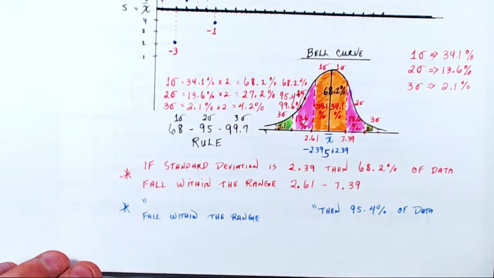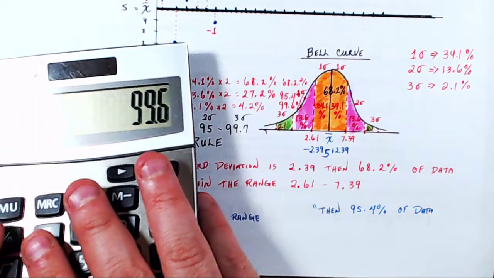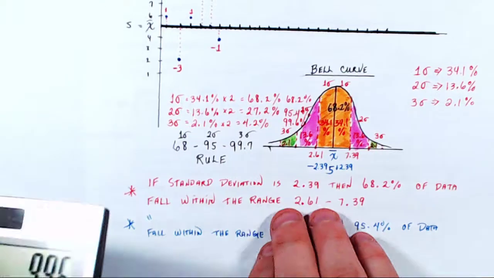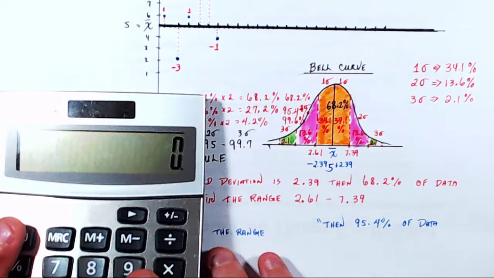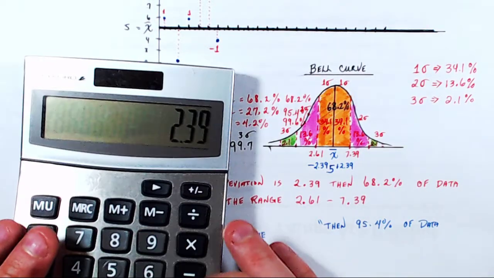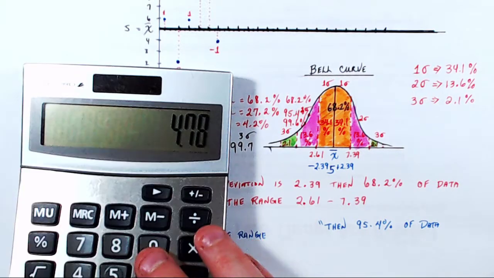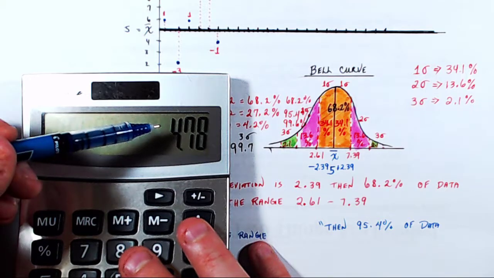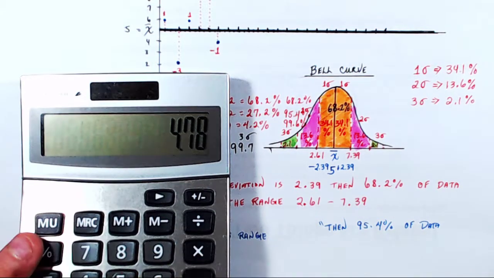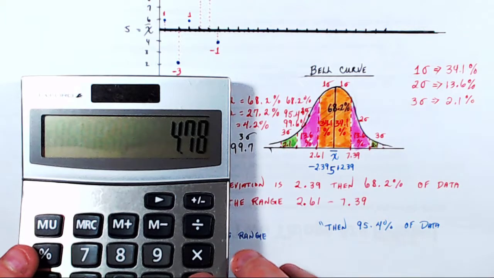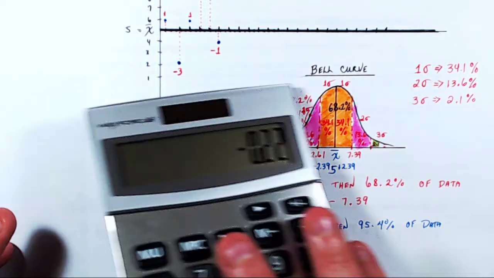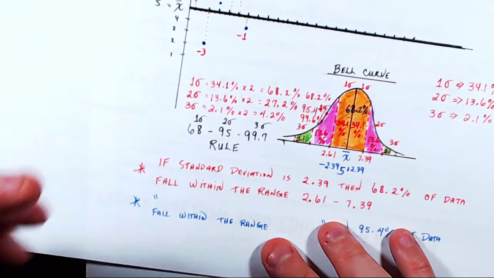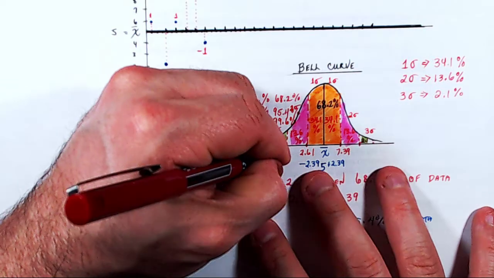So remember, one standard deviation is 2.39. What's two standard deviations? Well, that's 2.39 times 2, 4.78. So what you'll need to do is subtract this and add this to the mean. Mean is 5. So 5 minus 4.78 is 0.22. So this number at the second standard deviation mark is 0.22.